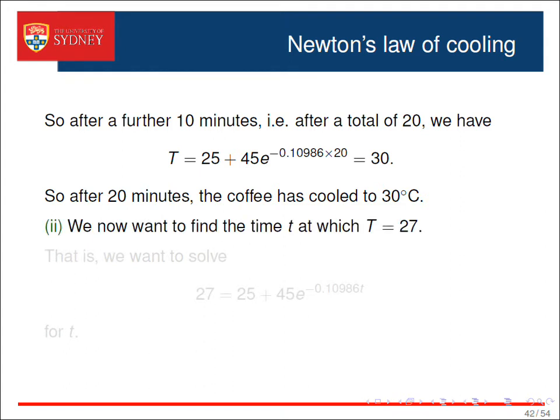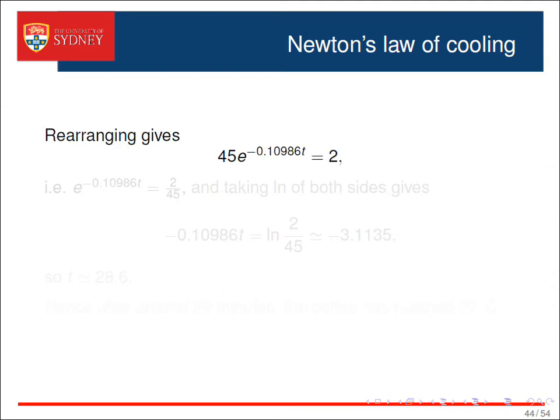The second question asked how long it takes for the coffee to cool to 27 degrees. This means we want to set big T to be 27 and solve for little t. We can rearrange by subtracting 25 from both sides, and then divide by 45.